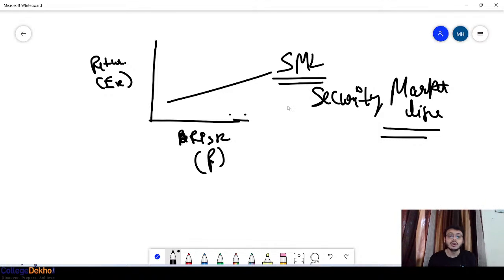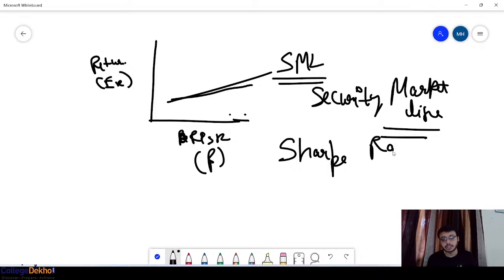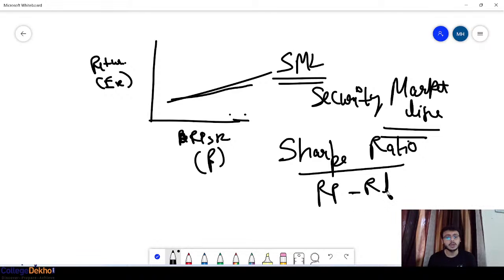That's it. Now the question arises: what is the slope of the CML line? The slope of the CML line is nothing but your Sharpe's ratio, which was formulated by William Sharpe. The formula comes out to be your return on portfolio minus your benchmark, or the risk-free rate basically, or any benchmark that you are taking into consideration.